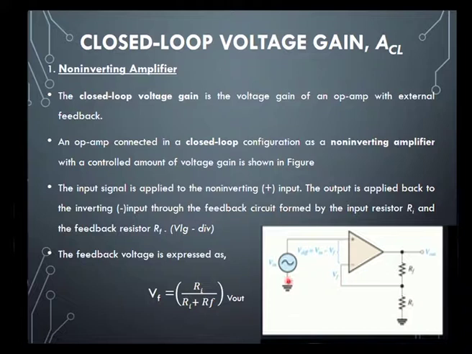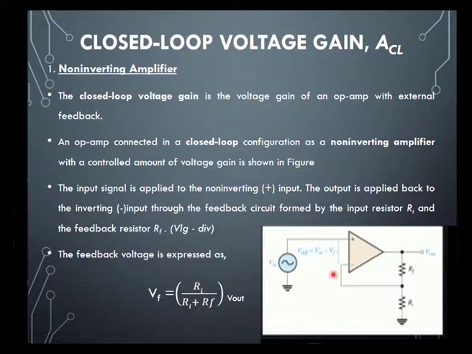Here the output is applied back to the inverting input through the feedback circuit formed by the input resistance Ri and the feedback resistor Rf. Also, Rf and Ri act as a voltage divider, and this reduces the output voltage that is fed to the inverting terminal, that is, Vf will decrease.